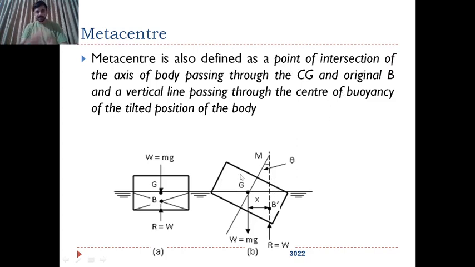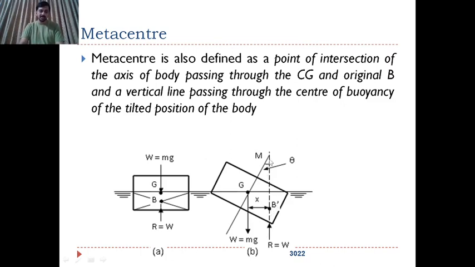When it is tilted, the center of buoyancy, that is the point of application of the upward force by the fluid in which it is immersed, moves. The vertical line passes through the center of buoyancy of the new position of the body. That is, when the body is tilted, the point of application of the buoyant force will be shifted by an arbitrary distance x to a new position B dash.